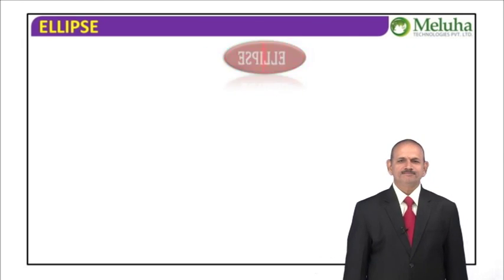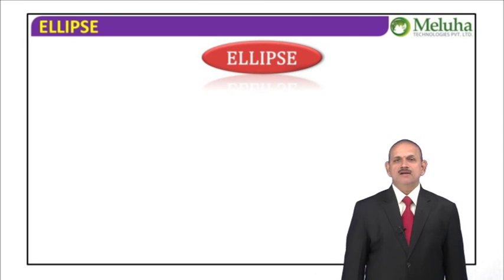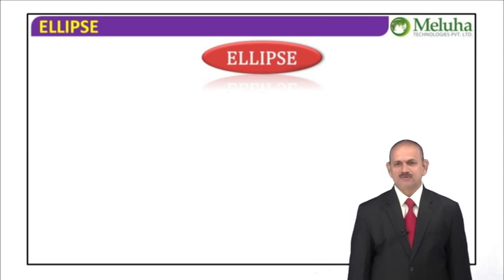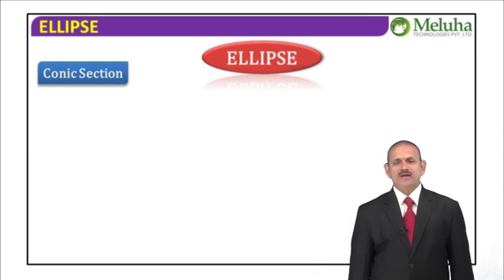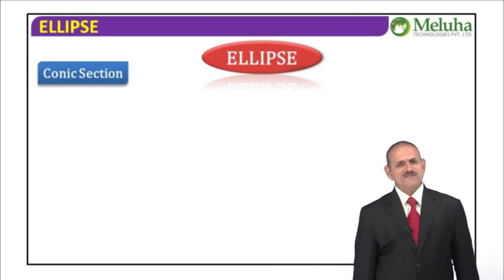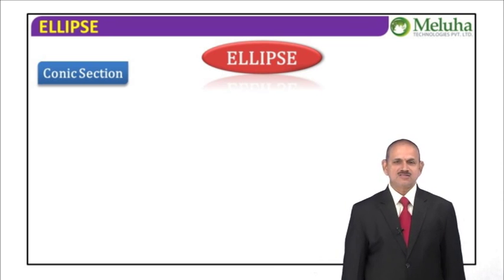Well, let us now understand the full meaning of the word, or rather the name, ellipse. It can be understood in many ways. Basically, in view of a conic section, let us understand ellipse.